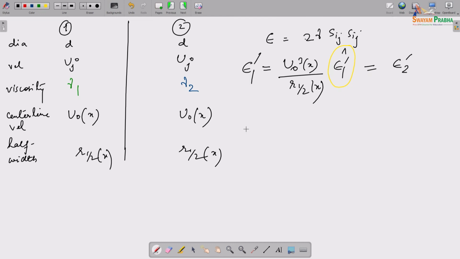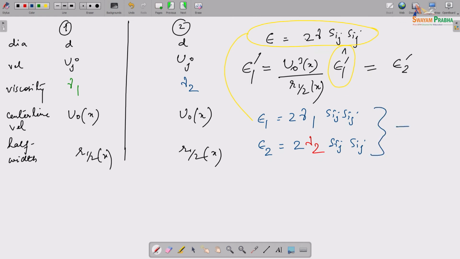Now, epsilon, like I said here, is this. However, if I use this expression, then epsilon 1 is 2 nu 1 Sij Sij, and epsilon 2 is 2 nu 2 Sij Sij. These things don't appear the same.